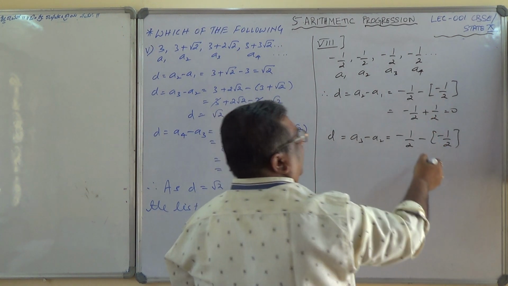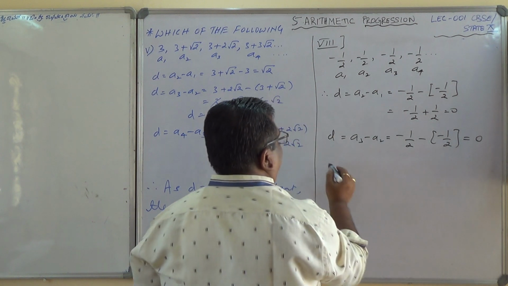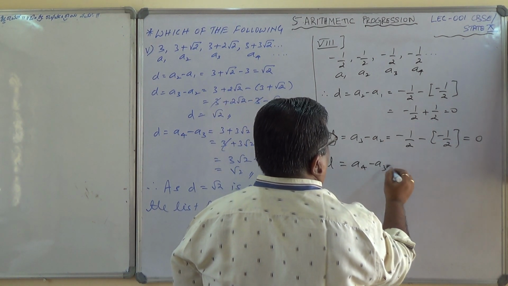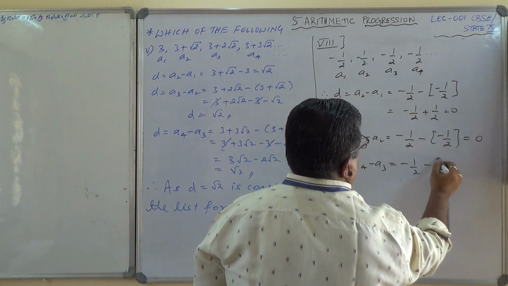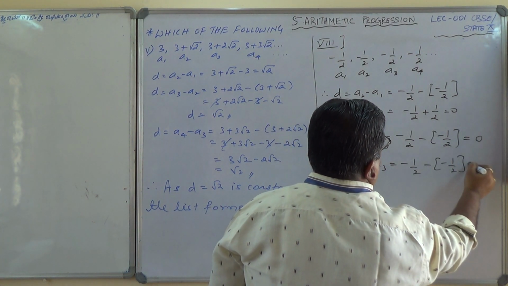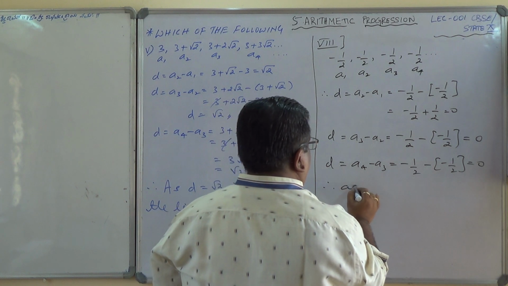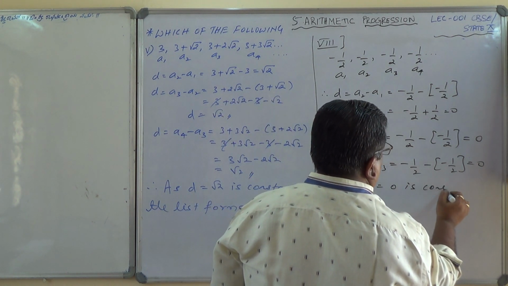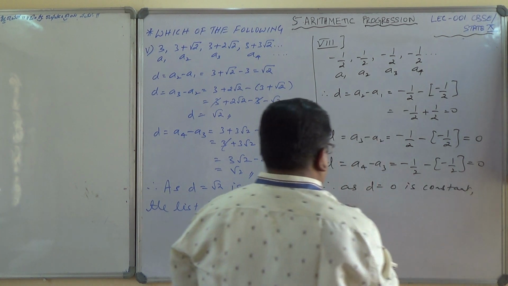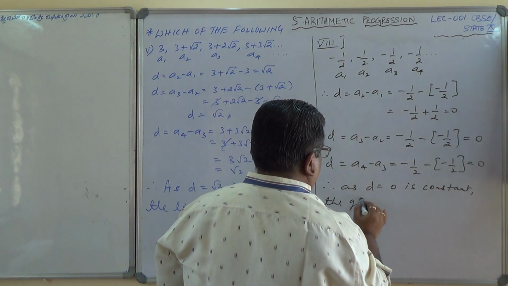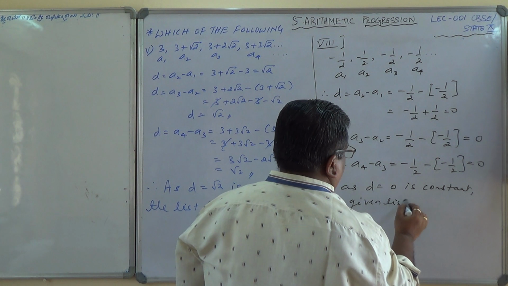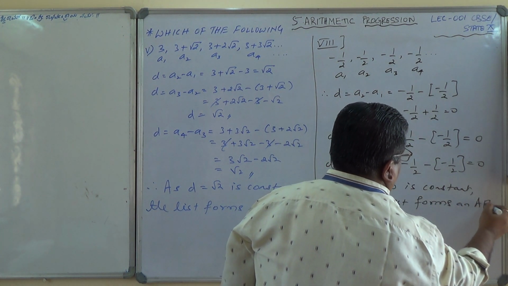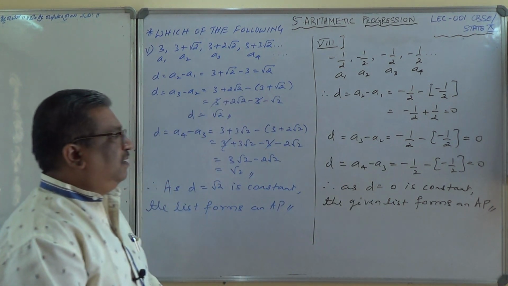Both are same, and therefore this equals 0. Similarly A4 minus A3 equals 0. Therefore, as D equals 0 is constant, the given list forms an AP. Is it right?